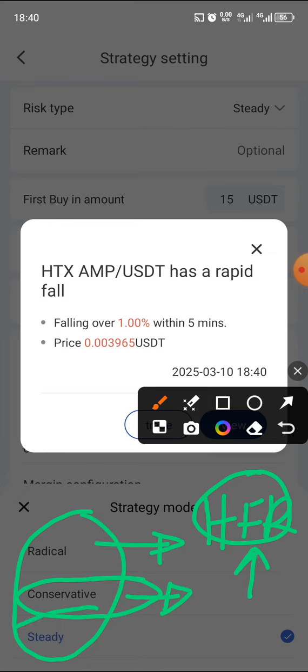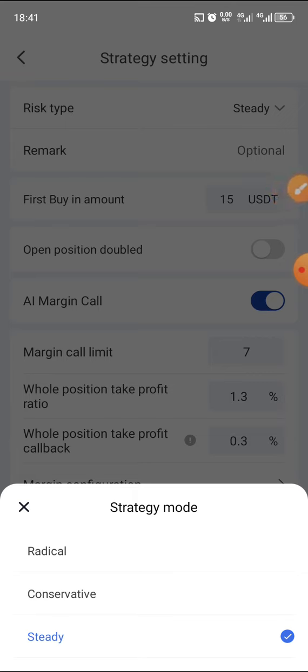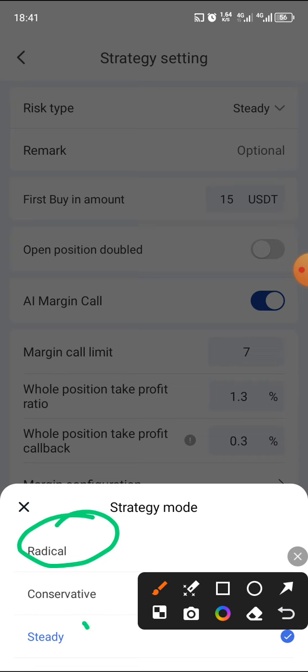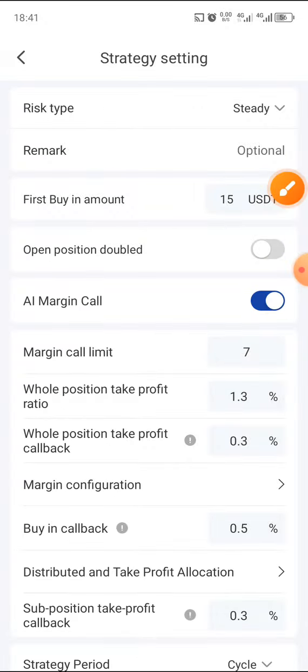And with steady, it will be putting in little money in the market according to your settings. So, if you are an iPhone user, you'll have to change from radical to steady so that your robot doesn't put your money in anyhow.